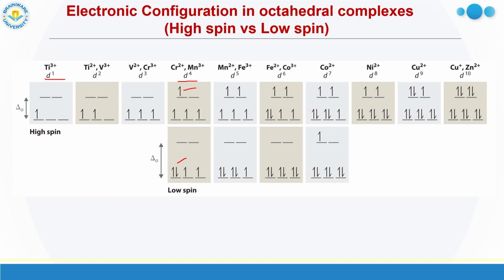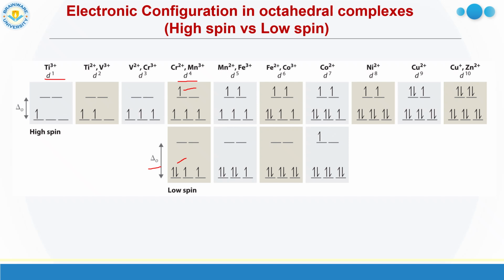So which type of filling will we consider here? If the gap is larger between t2g and eg, if this gap is higher, the Δo value is higher, then what happens for the fourth electron? It is difficult to put the fourth electron on the higher level because it needs higher energy. So it is easier to put the fourth electron in the lower energy level only.